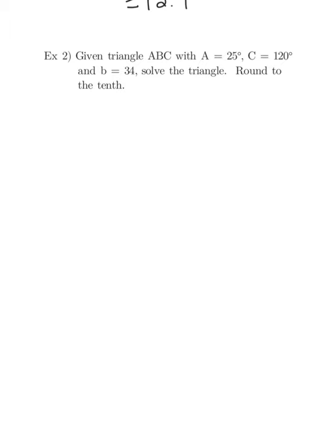That's the first thing that we must do because we need the pair of side and angle that go together. So to find angle B, we're going to take 180 minus 25 minus 120, and we get an angle B of 35 degrees. Now we need to find our two missing sides, and again, I'm just going to go alphabetically.